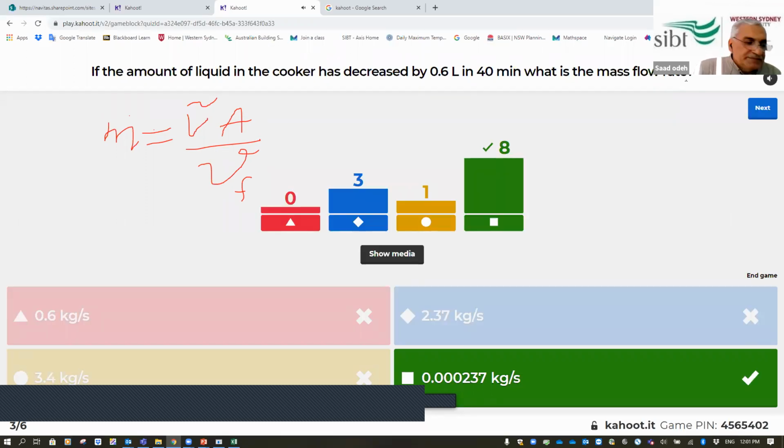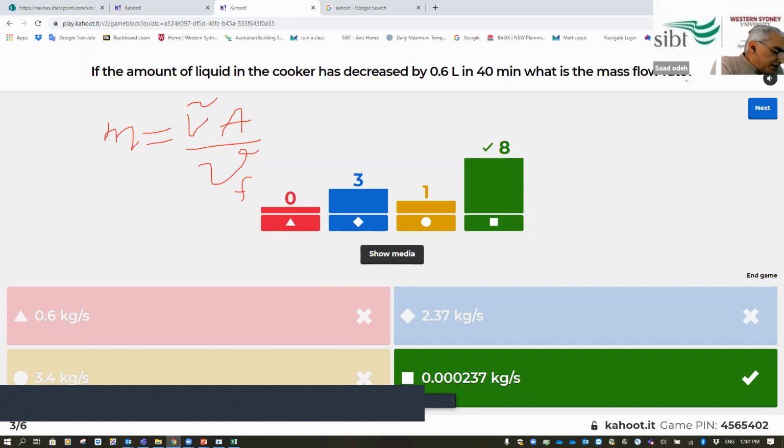Good, thank you. So we know the mass flow rate is given. We have 0.6 liter in 40 minutes.